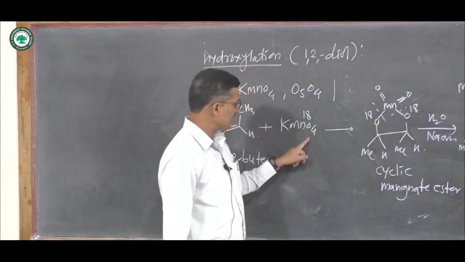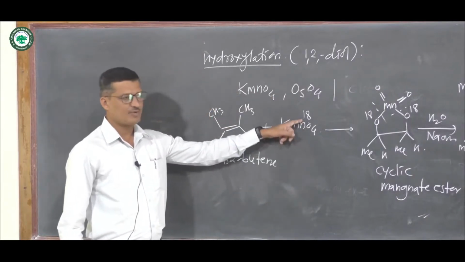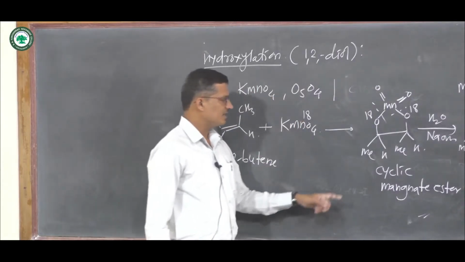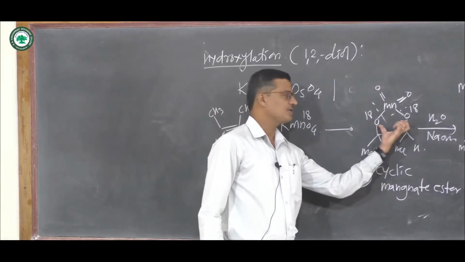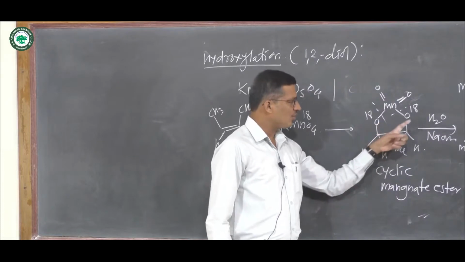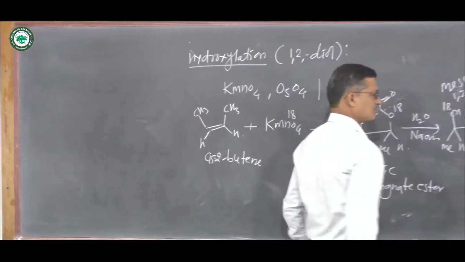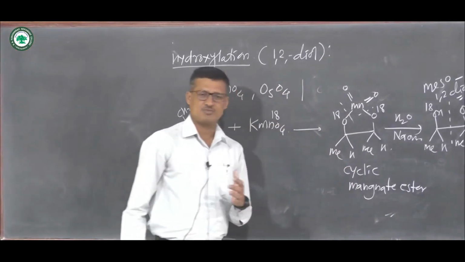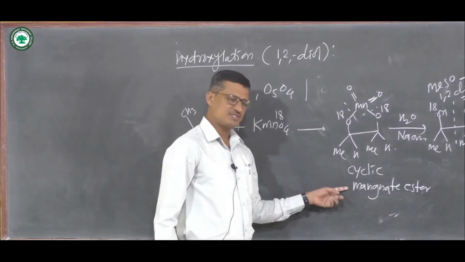We remember that the oxygen from the KMnO4 is labeled with oxygen-18, so both oxygens are coming from the KMnO4. No oxygen in the product is coming from the water molecule, both are coming from the KMnO4, and that's why the cyclic manganate ester formation takes place.